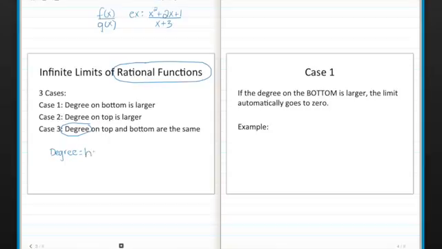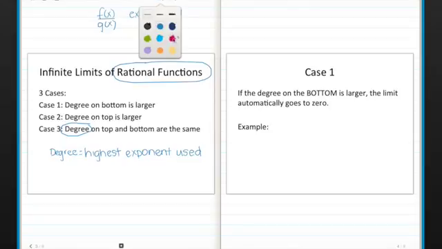For that, we need to go back to algebra and remind ourselves, what does the word degree mean? And the answer is it's all about the power. The degree is the highest exponent present in the polynomial. So the degree there is the highest exponent used.